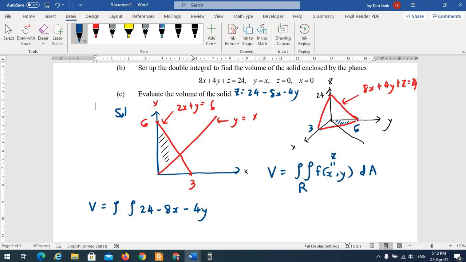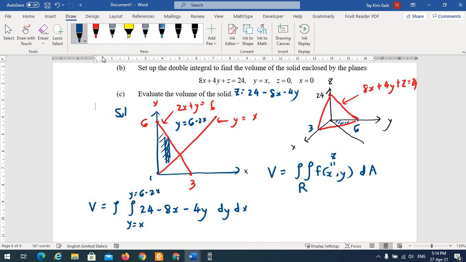Let's use dy dx, so we sum using a vertical bar. The lower limit of y is the lower curve, y equal x, up to the upper curve. Make y the subject, so y equals 6 minus 2x.